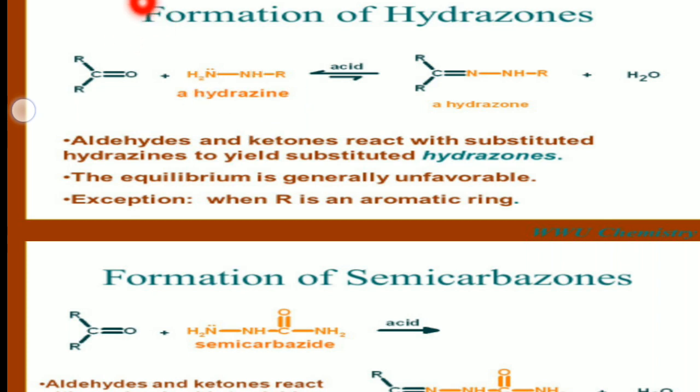When hydrazine reacts with aldehyde or ketone, the two hydrogens of hydrazine and one oxygen atom of the carbonyl group of the compound are removed as a water molecule to produce a compound known as hydrazone.